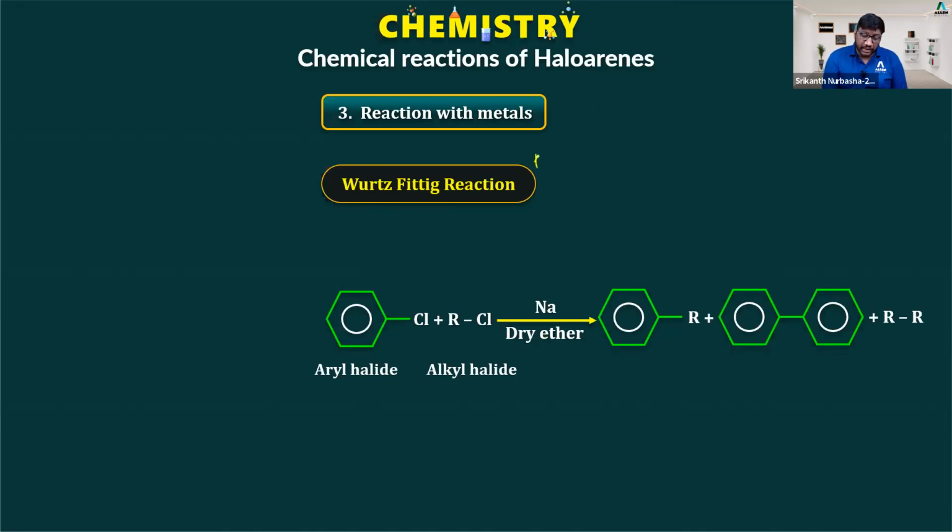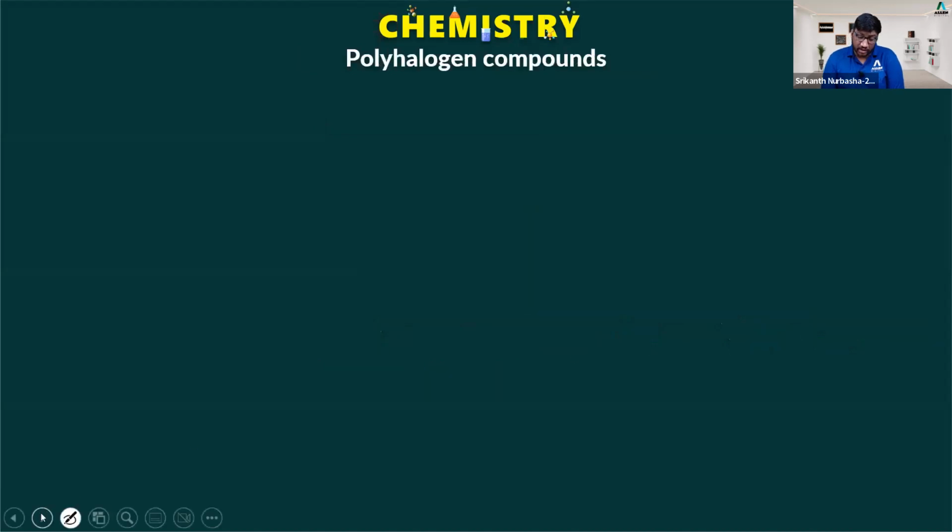Whenever you do the Wurtz-Fittig reaction, you are going to get a mixture of products, students. Out of those, wherever the aryl halide and alkyl halide have reacted to form the alkyl substituted benzene derivative, that is going to be the major product, and the other two are side products which can also be obtained.